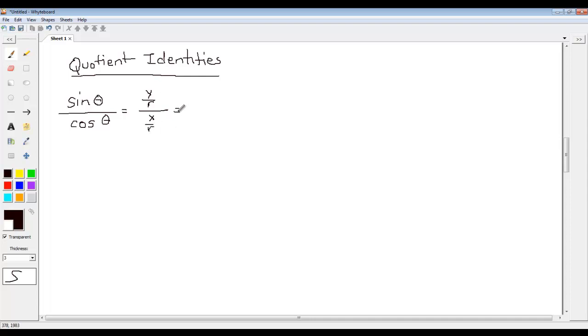It's the same thing as saying y over r divided by x over r. Well, that's the same thing as saying y over r times r over x. The r's reduce down to 1, you're left with y over x. Y over x is the same thing as tangent theta. Oh, look at that. Tangent of theta equals sine of theta over cosine theta.